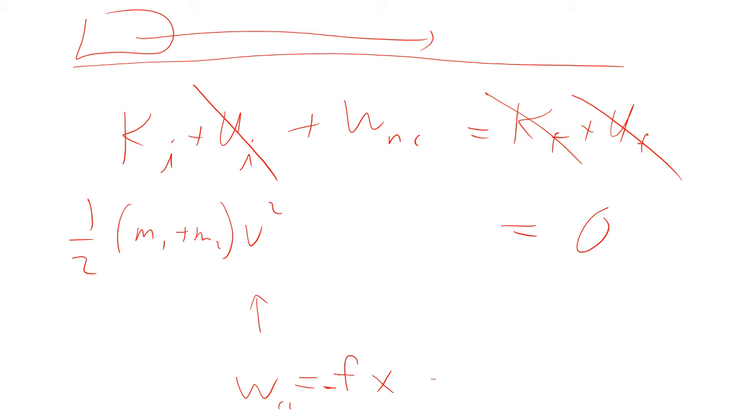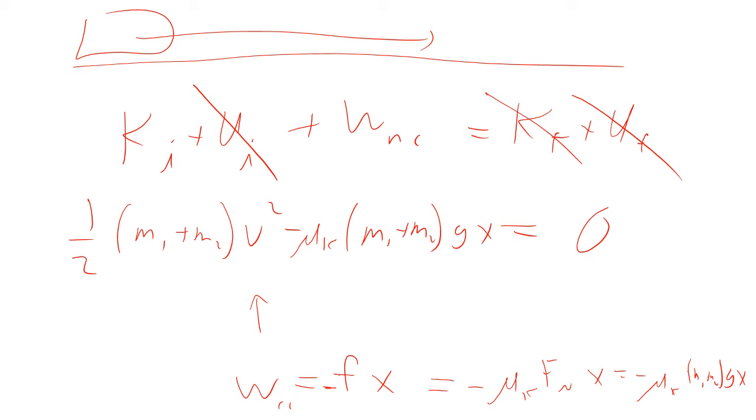Okay, so what is the frictional force? Frictional force is mu sub k times the normal. Okay, so that's going to be mu sub k times the total mass times g times x. So this will be minus mu sub k total mass g times x.